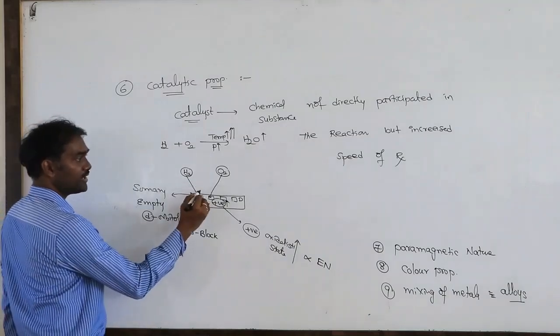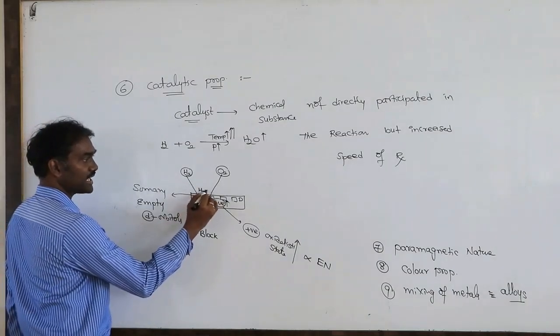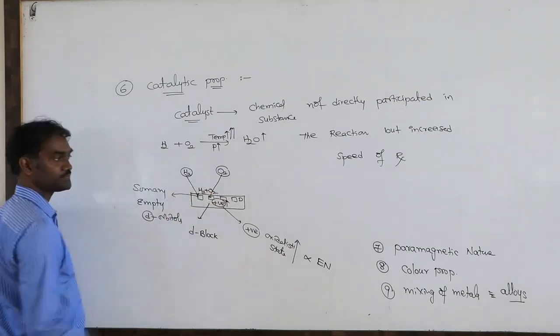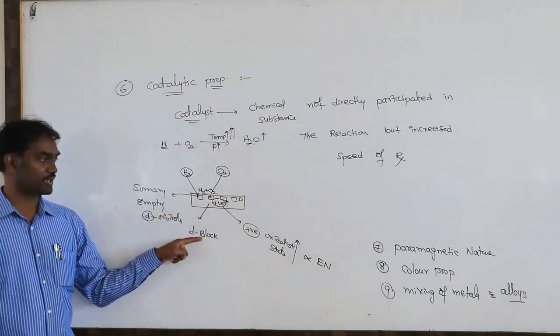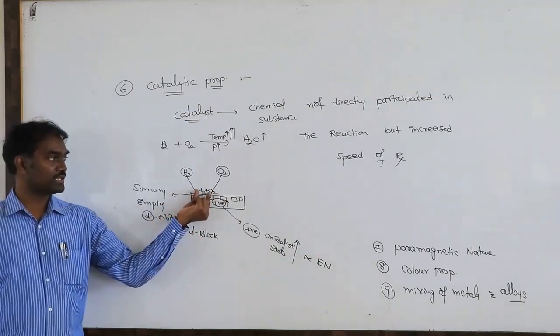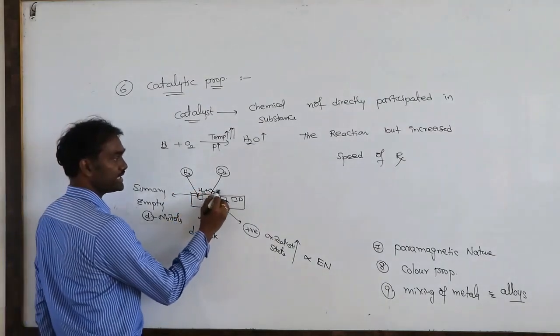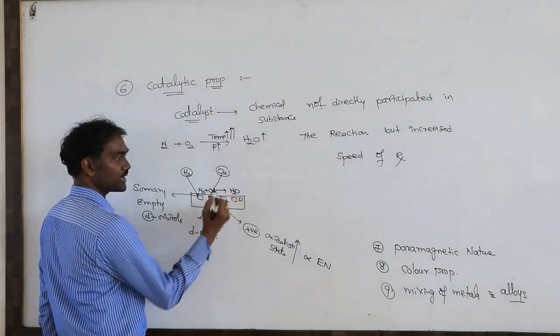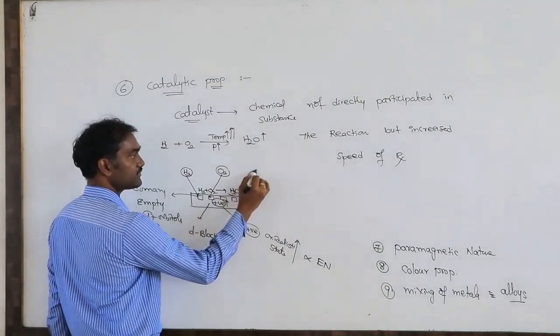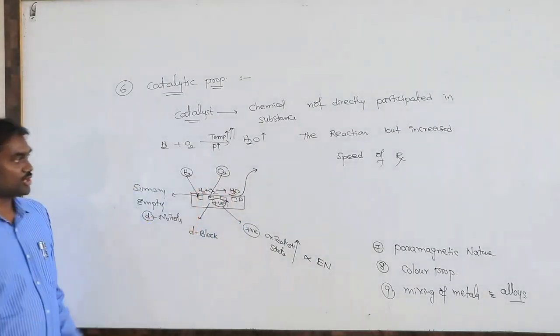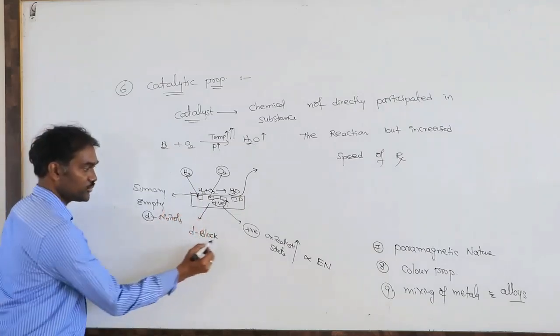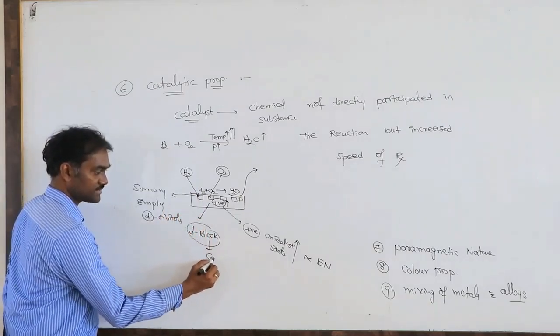Now hydrogen and oxygen come close to each other because of the d-block element. Then they collide with each other, so they easily become water and are ejected from the surface. This is what you call a catalyst.